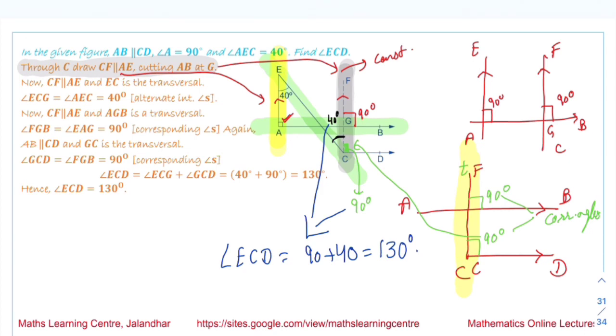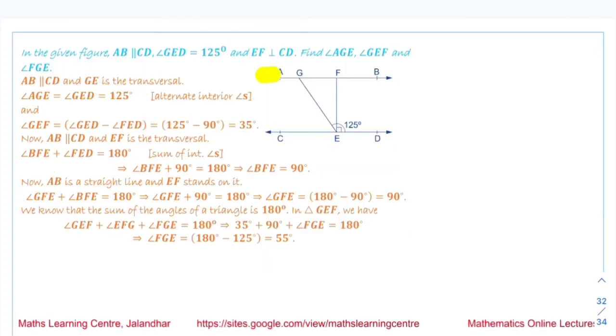Now in this question, it is given that the line AB is parallel to the line CD, and angle GED, this larger angle, is given as 125 degrees.